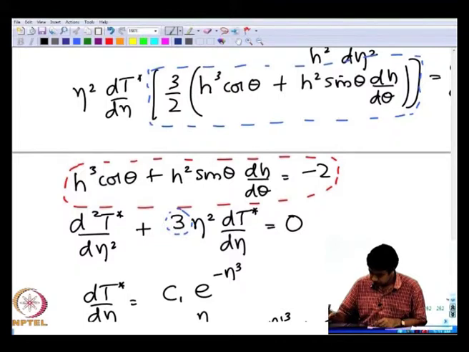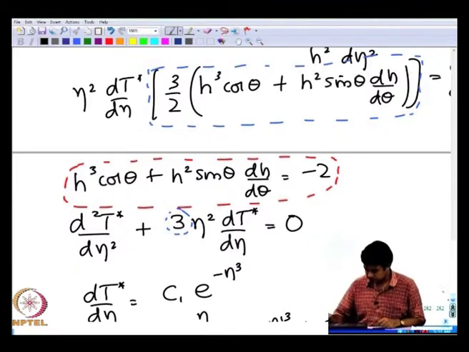If I choose that, the equation for the temperature in terms of eta becomes d square T star by d eta square minus 3 eta square dT by d eta is equal to 0.